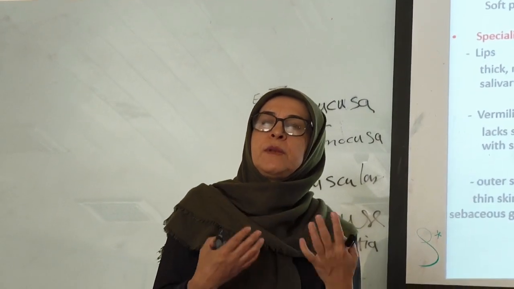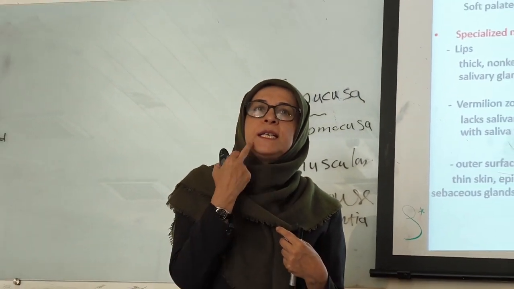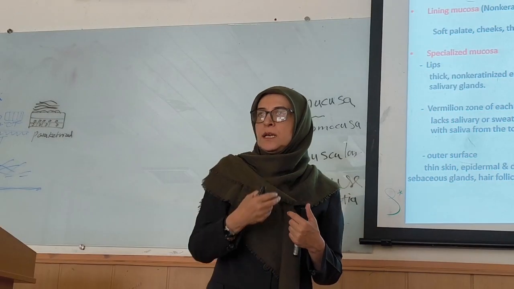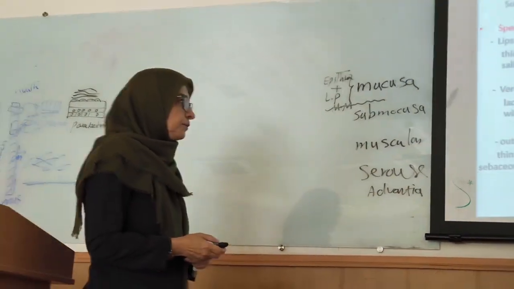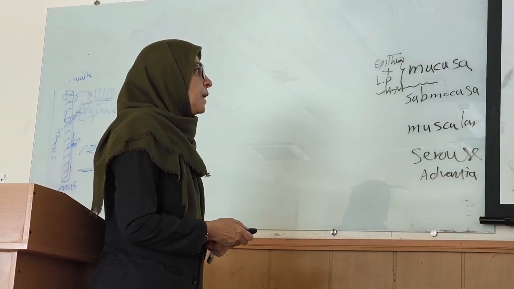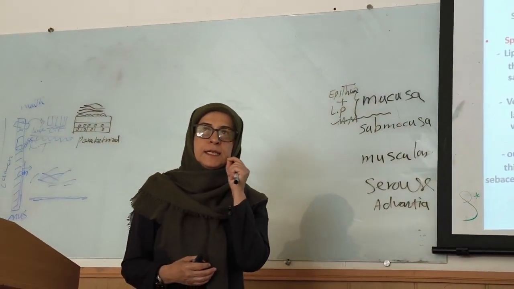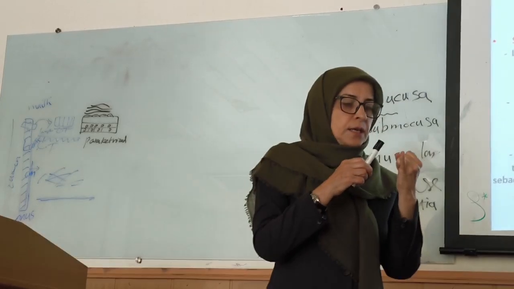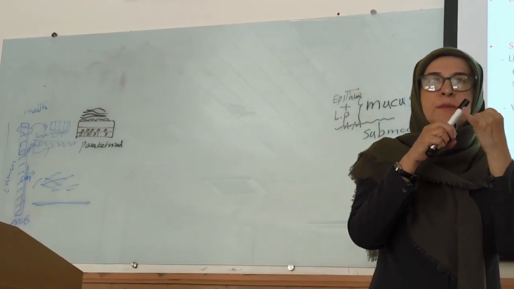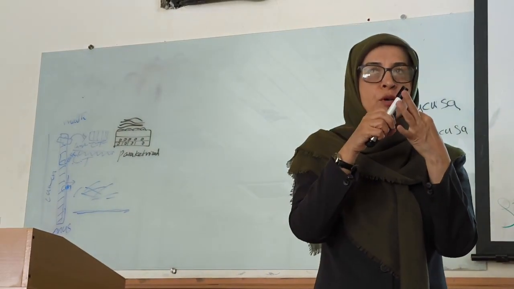The vermilion is similar to the skin that covers our face. But you know, if you memorize, it is a thin skin that includes 3 layers: epidermis, dermis, and hypodermis.